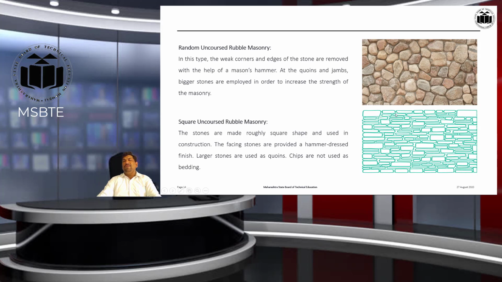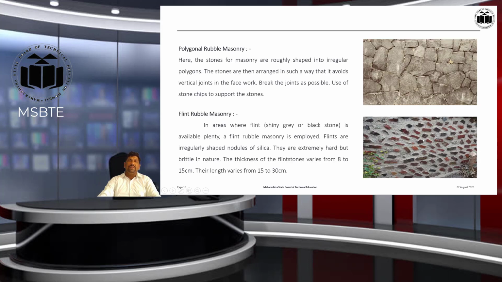Basically, with the help of the mason's hammer, a rough square shape is maintained, and with that stone the masonry is constructed with proper layers, and that's why this type of masonry is called square uncoursed rubble masonry.